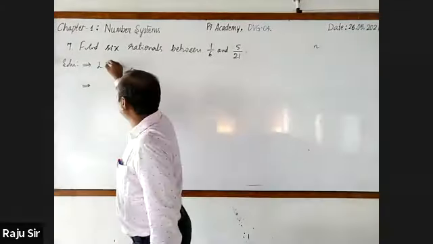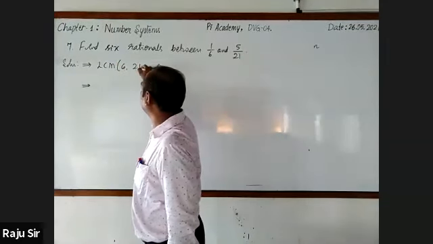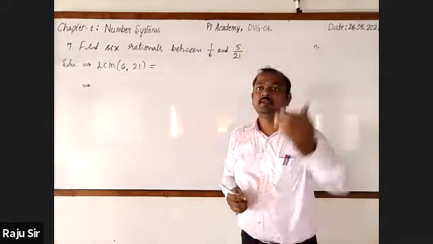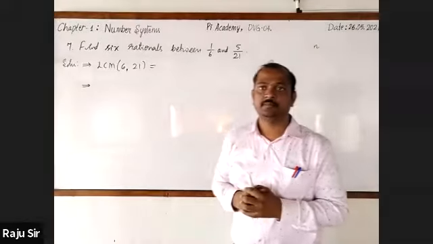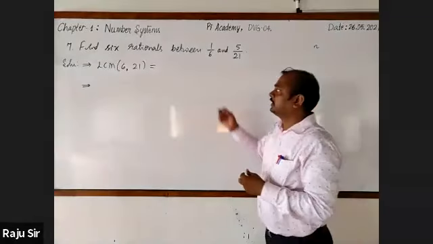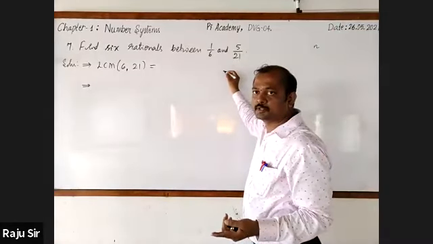Here, LCM of 6 and 21. In your previous classes, you learned how to find the LCM. If you know, you can tell that directly. 42. Very good. Or else if you do not know, you can use the working column. Observe the board.